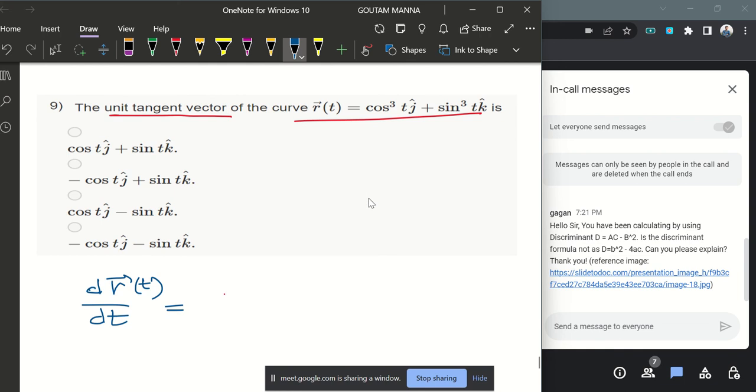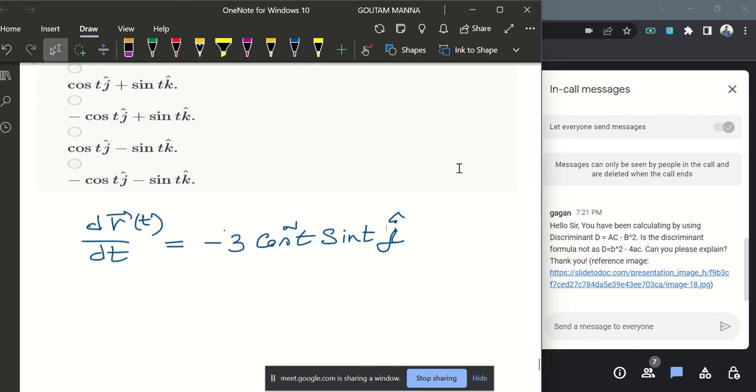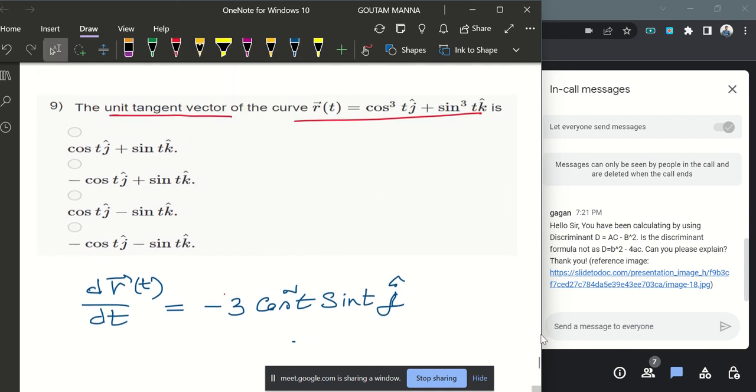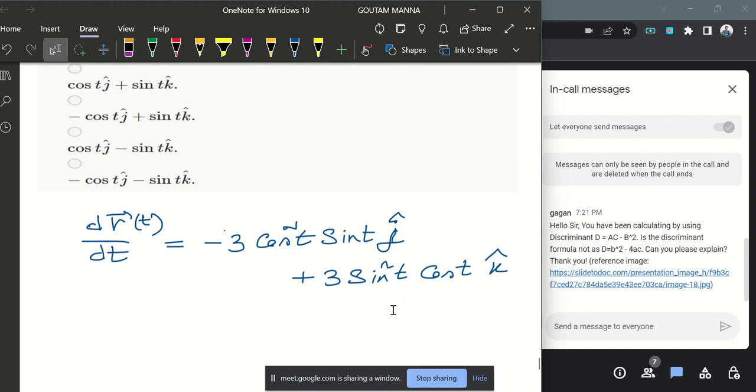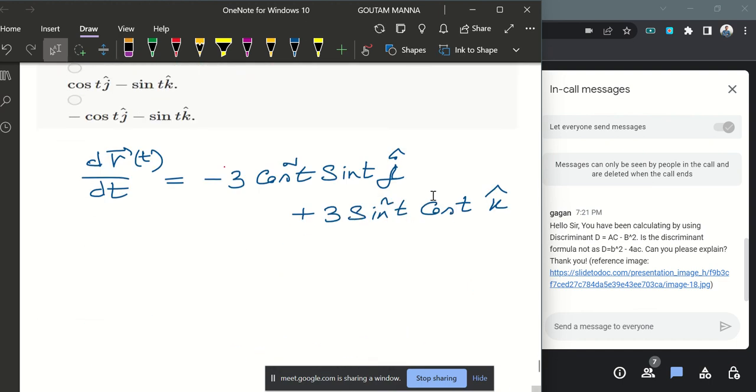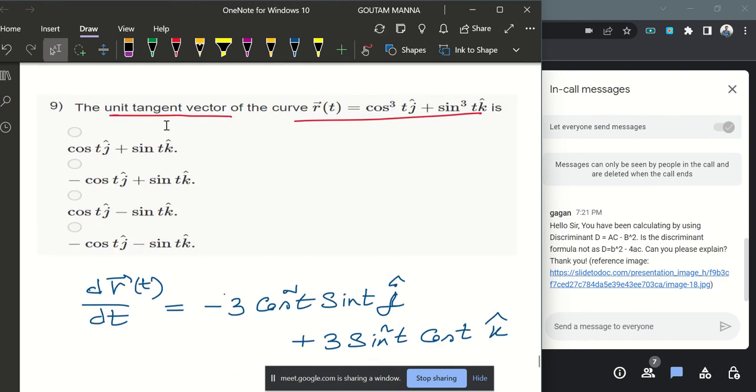If you take the derivative it will be minus 3 cos squared t sin t j hat plus 3 sin squared t cos t k hat. So this is a vector along the tangential direction of this curve. Now you have to find out the unit tangent vector.